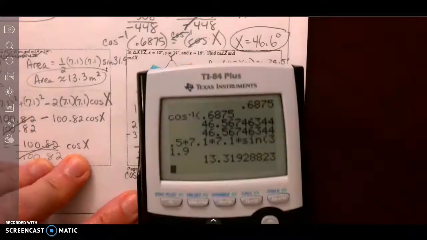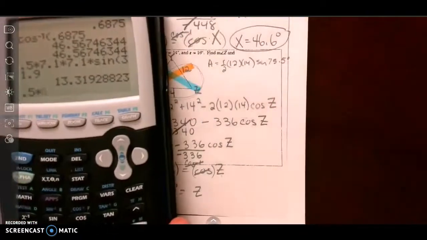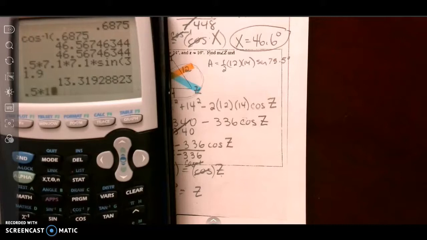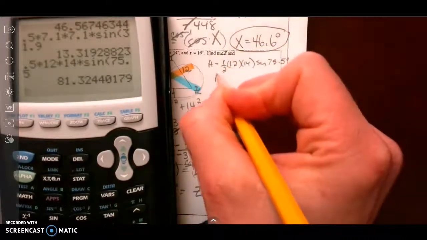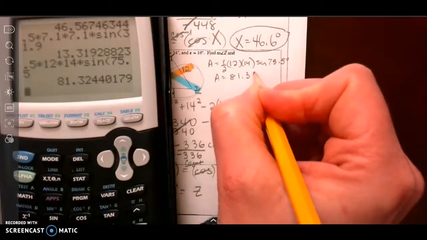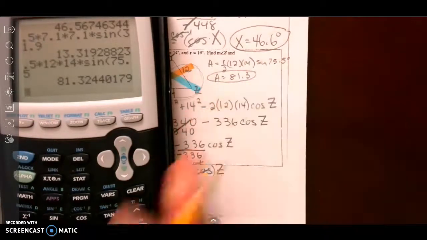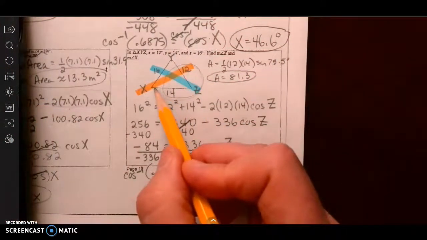All right, let's see what we get. 0.5 times 12 times 14 times the sine of 75.5, and I get 81.3 units squared.